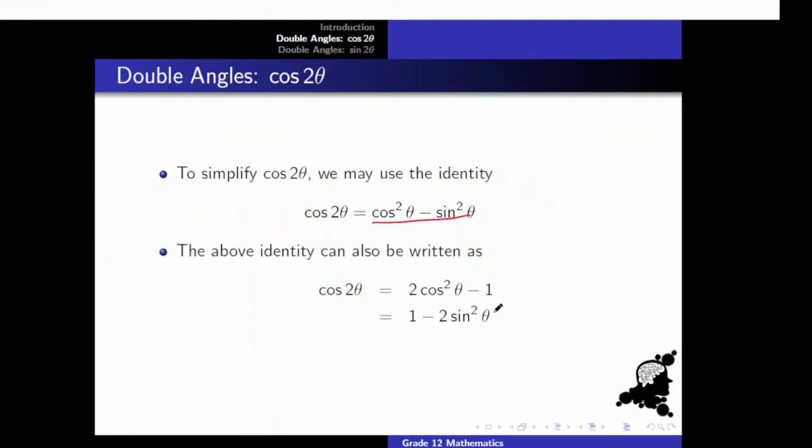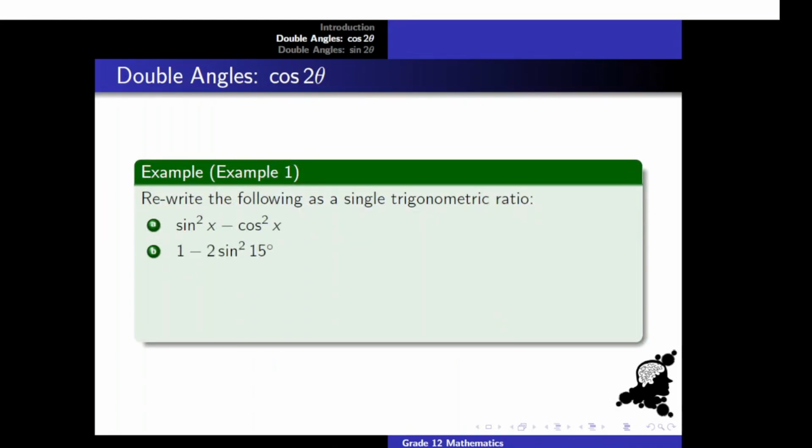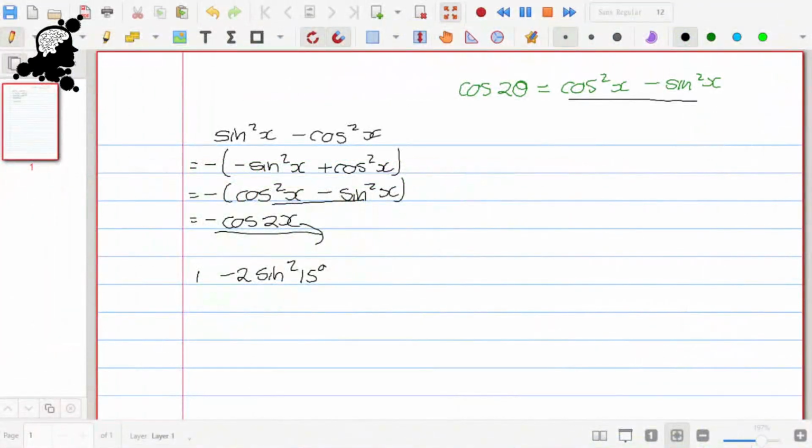We've got 1 minus 2 sine squared x, so we can actually use that identity. I'm going to include it up here: this is also 1 minus 2 sine squared x, and let me put the other identity there while I'm at it, 2 cos squared x minus 1. So, I am using this identity for the question that I'm looking at now.